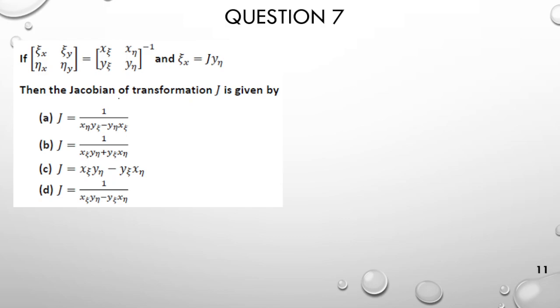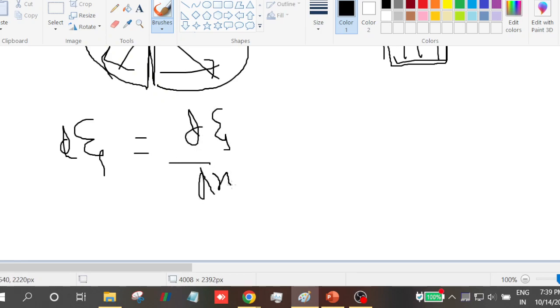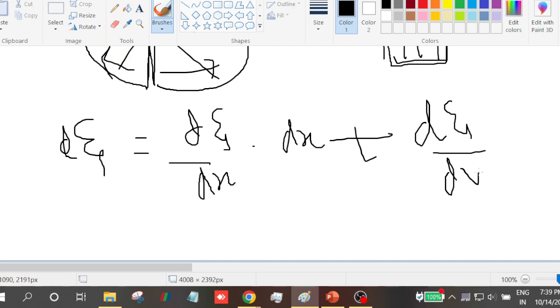Using the chain rule we had observed this relation will hold true, because we wrote d zeta is equal to d zeta by dx into dx plus d zeta by dy into dy. Then similarly d eta we wrote.